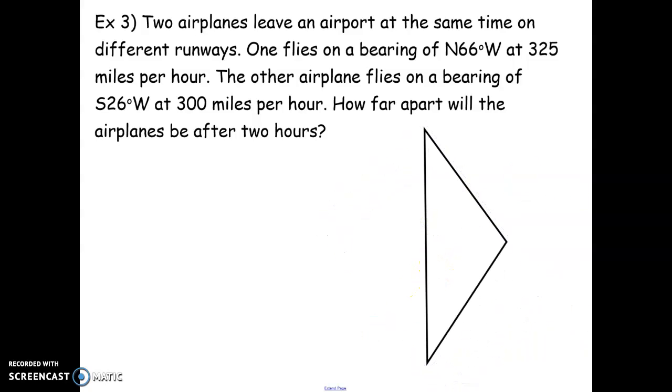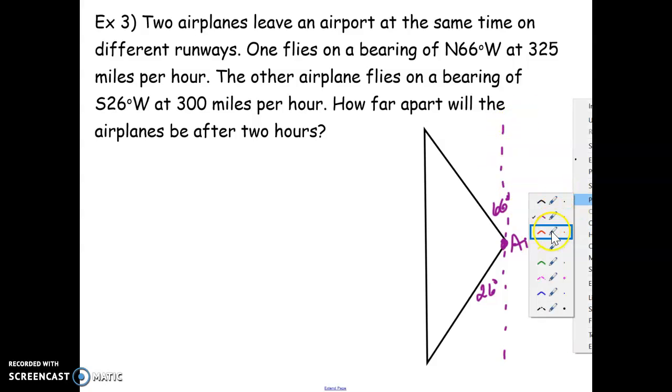I'm going to say that this is my airport. And that first plane flies on a bearing northwest of 66 degrees. So this here is 66 degrees. Okay, so that's your first plane. Second plane is flying southwest at 26 degrees.